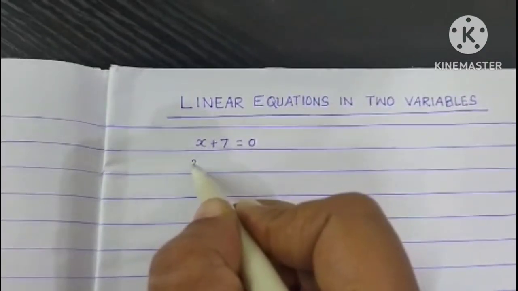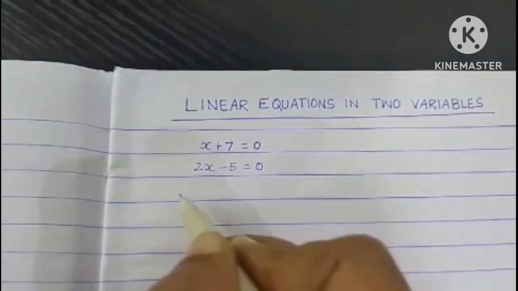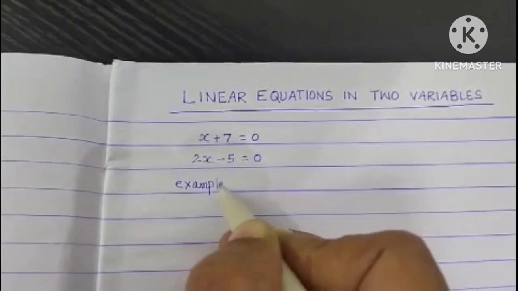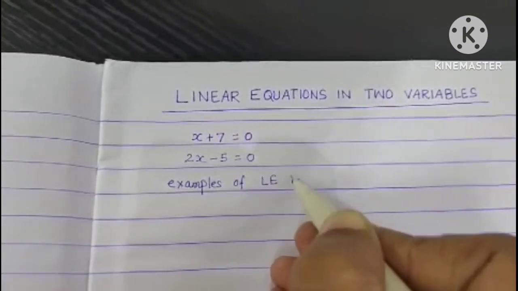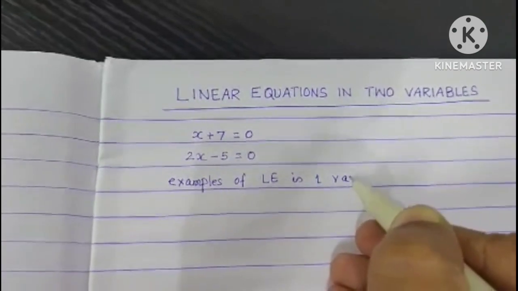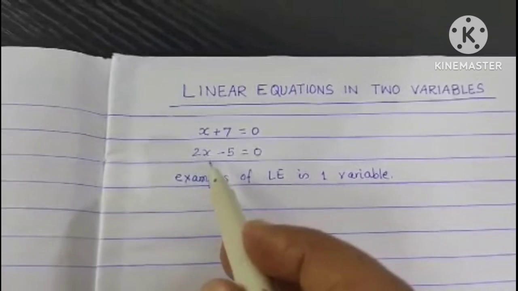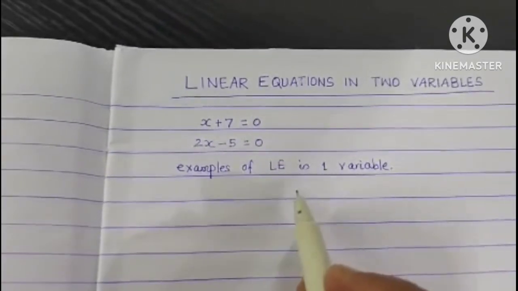You can also write 2x minus 5 is equal to 0. So these are the examples of linear equation in one variable, and that variable is x. You can also change this variable, you can write y also, you can write z also, but these are the examples of linear equation in one variable.